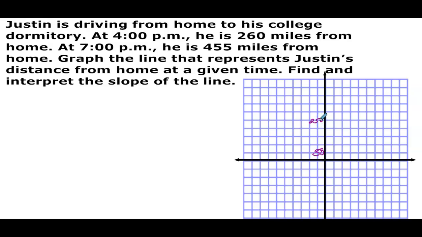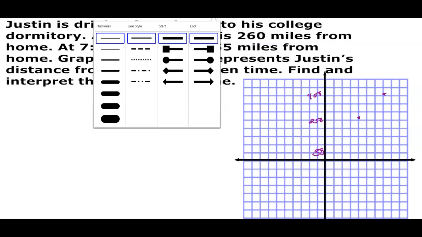So at 4 o'clock, he's just above 250. And at 7 o'clock, he's 450. So let's go 5, 6, 7. This one's 450. So at 7 o'clock, he's pretty much right at 450. I can draw a line to connect those.